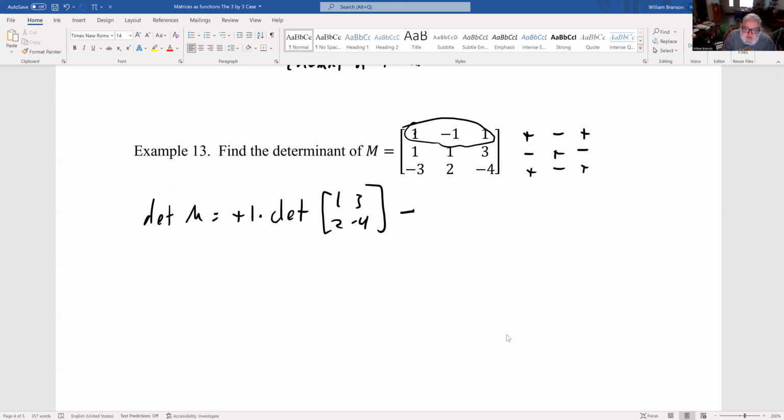And then you take minus, that's this sign, times this number, times the determinant you get when you delete the column and the row that the -1 is in. So that's 1, minus 3, 3, minus 4. And then plus the 1 here, the third column, times the determinant of 1, minus 3, 1, 2.